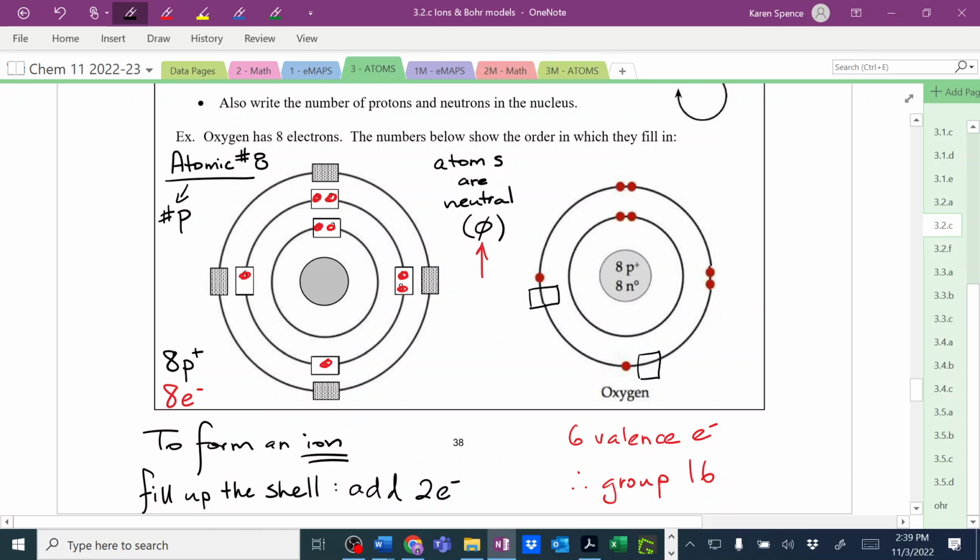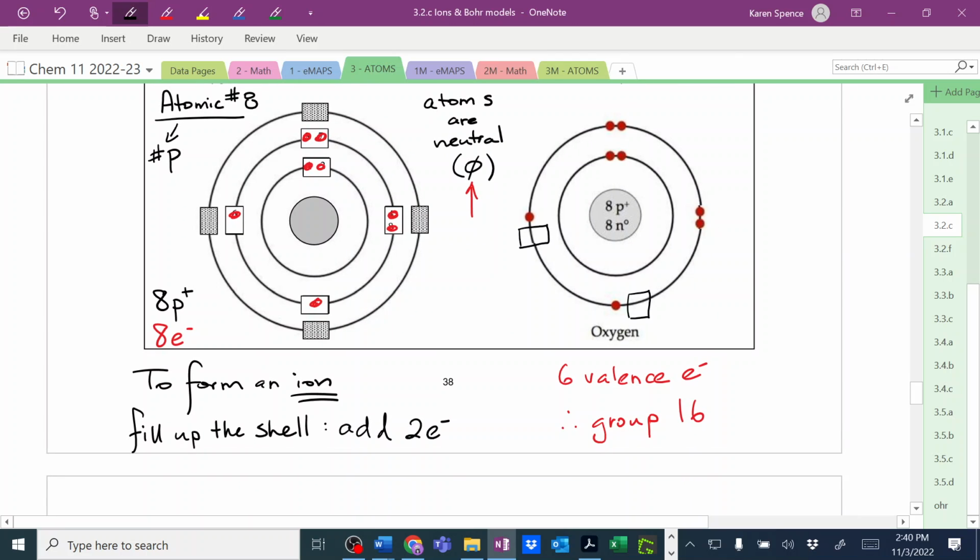And if you add 2 electrons, what is your overall charge? -2. So your symbol would be O2 minus. That's if we did the ion.